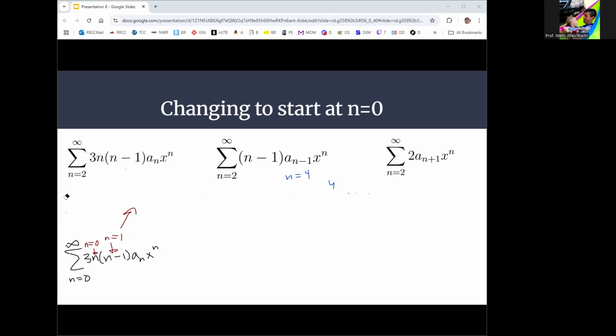But that doesn't always work. So that's something you want to check for, and you can check by looking for those factors. And so here we are able to make that change. Let's take a look at this next one.